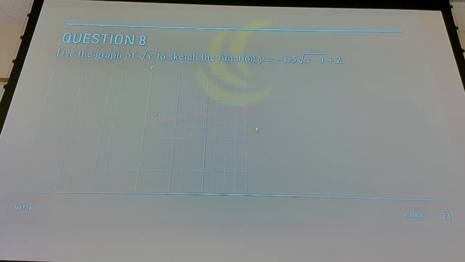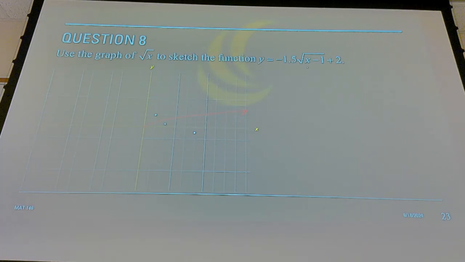That's root 2. That's 2 times negative 1/2 is negative 3. Add 2, that'd be negative 1. That goes down there. 10 would give me root 9, which is 3 times negative 1.5, which is negative 3/2 times 3, which is negative 9/2, which is negative 4.5.